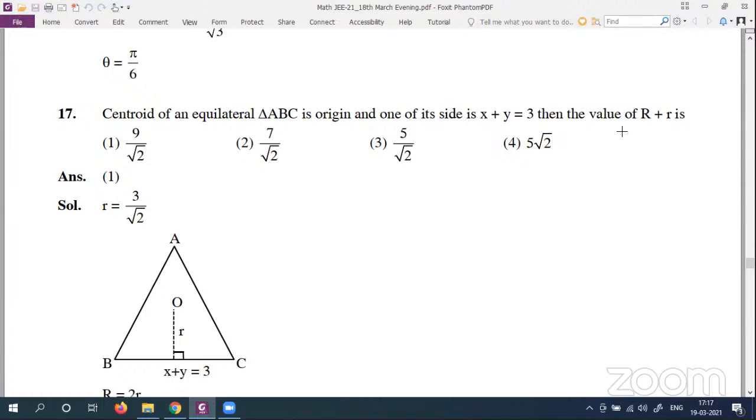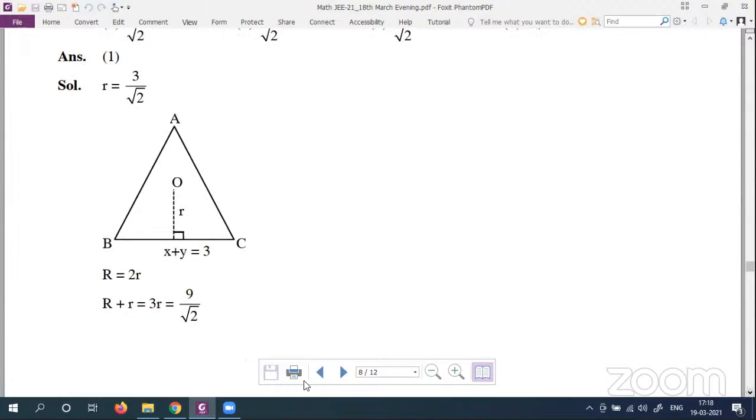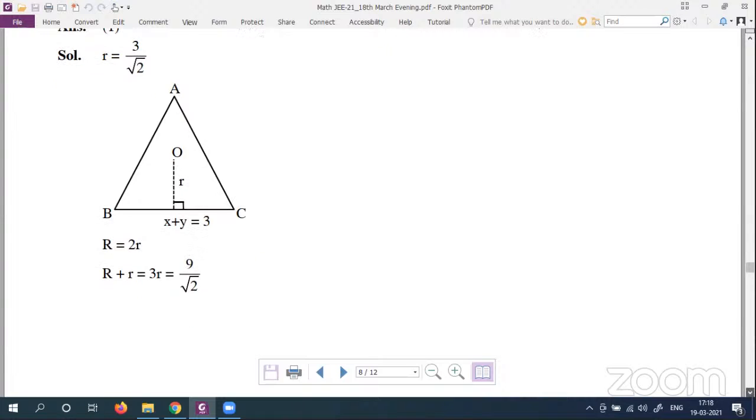Then the value of capital R plus small r will be what? So the distance from the centroid to the side will give us the value of small r, and as it is an equilateral triangle, capital R will become 2 times small r. So once we get both the values, we can find the sum of that. Easy question.